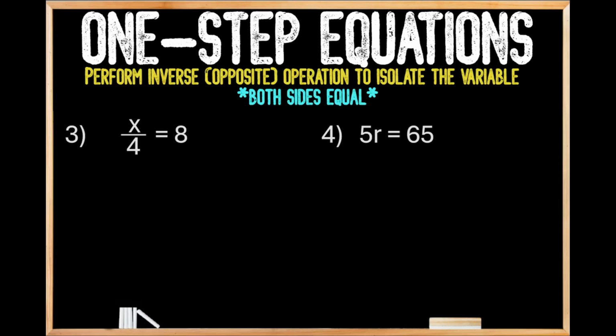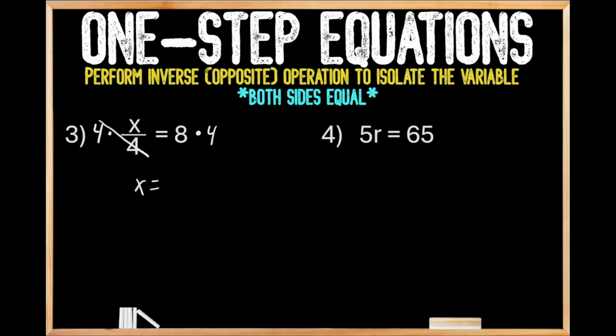So that means that we're going to be multiplying the left-hand side of this equation by 4, and we do need to keep both sides equal here, so we're also going to be multiplying the right-hand side of our equation as well. For the left-hand side, multiplying by 4 and dividing by 4 cancel each other out, so now our variable of x is isolated.